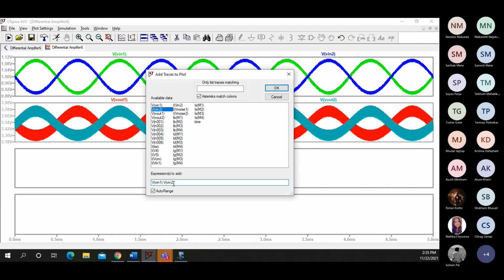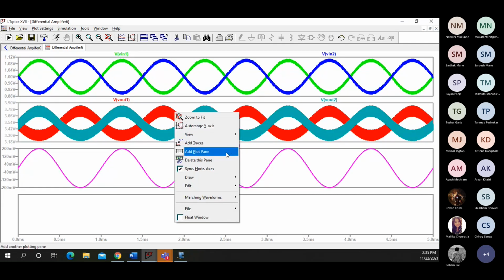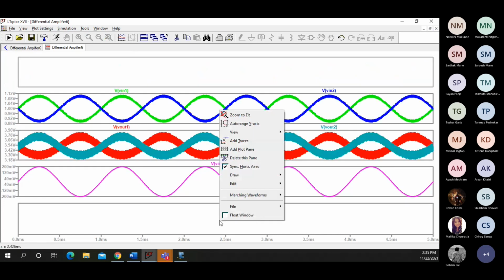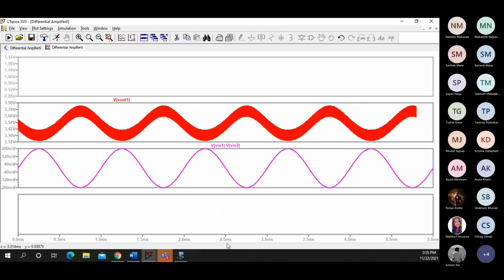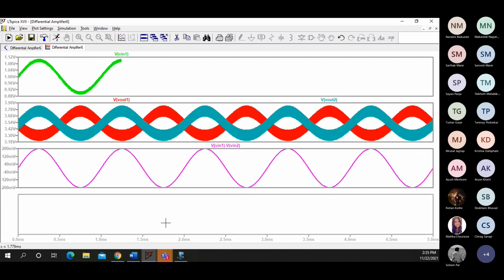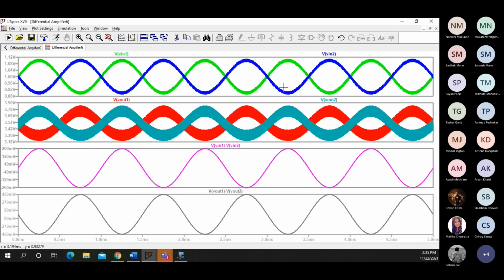Vin1 minus Vin2. So noise is gone. Now you can again see that it's noise free, the output is noise free.